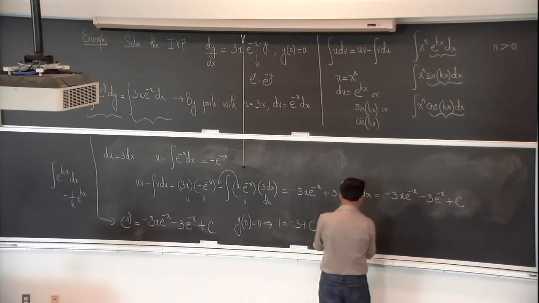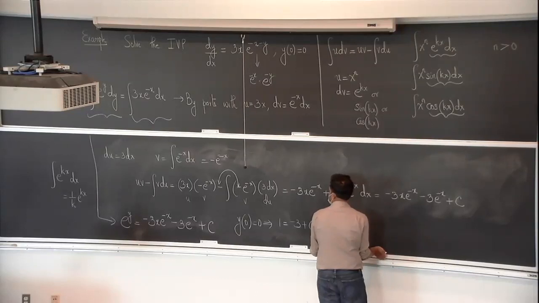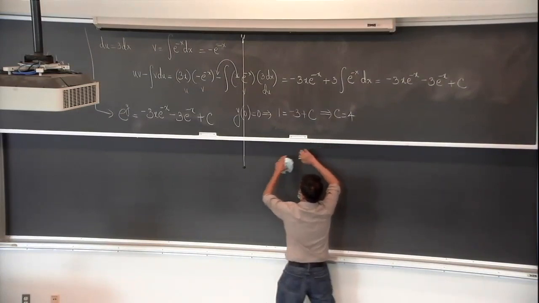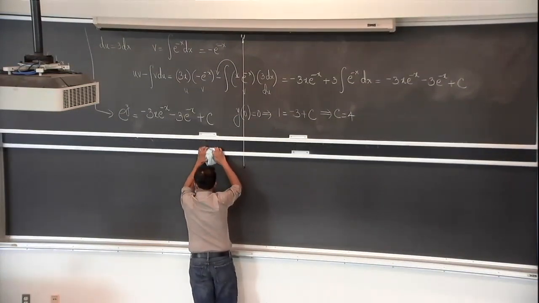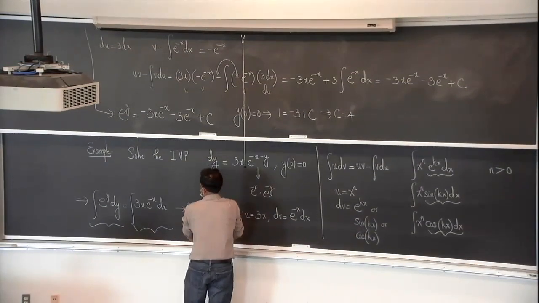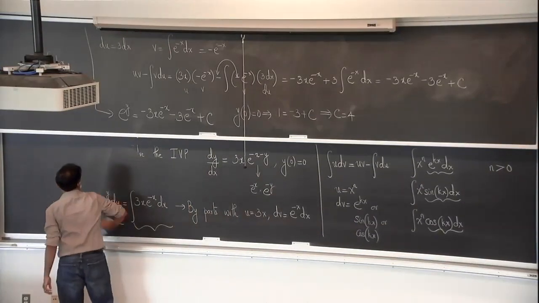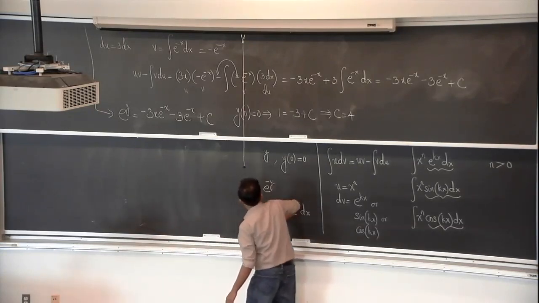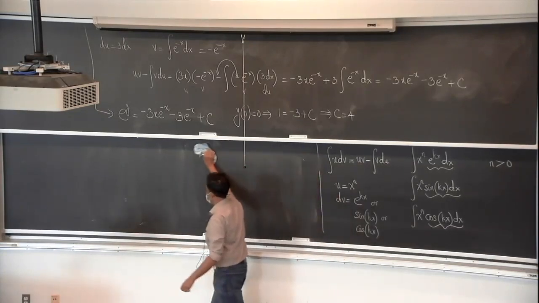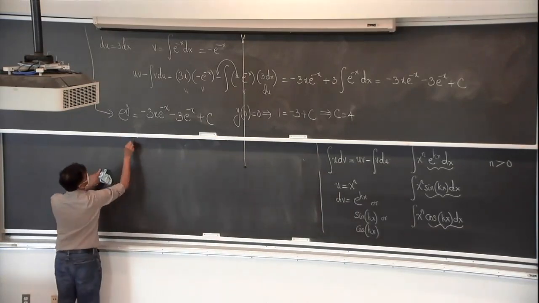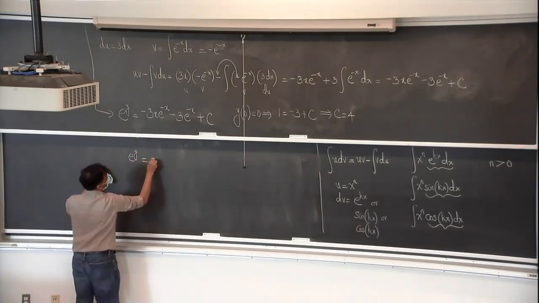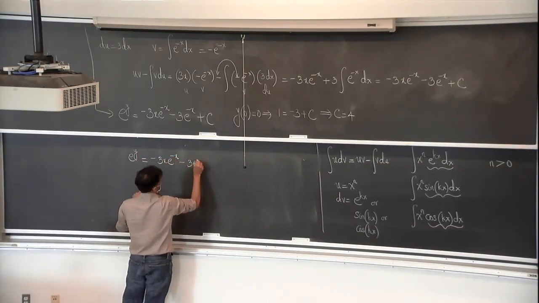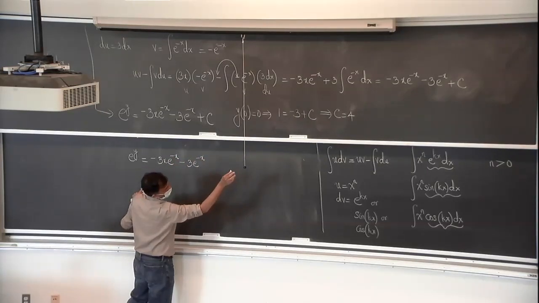That's going to be e to the power of y equal to negative 3x e to the power of negative x minus 3 e to the power of negative x plus 4.